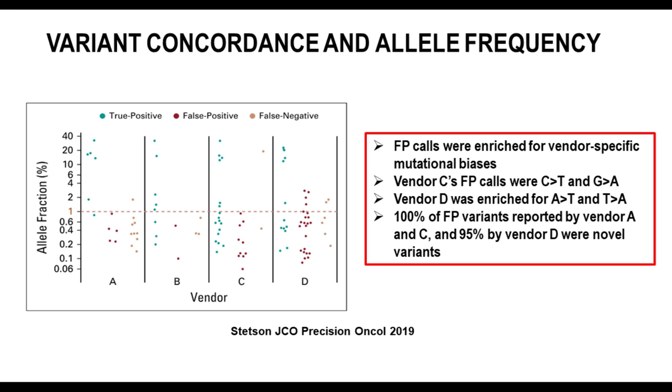On the left, you will see also that the majority of these false positive findings were found for mutations at allelic frequency below 1%. However, below 1%, we often find a lot of true mutations, and therefore this threshold cannot really be used to distinguish between true positive and false positive.